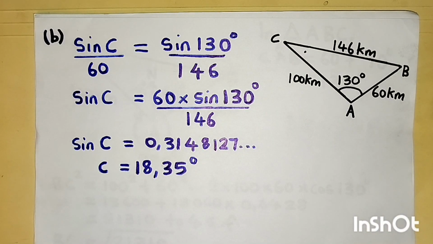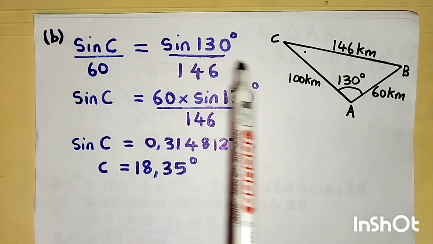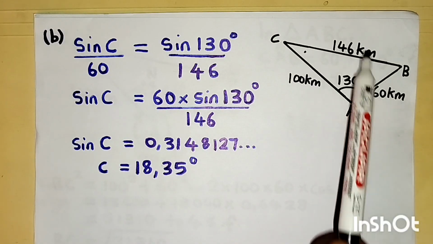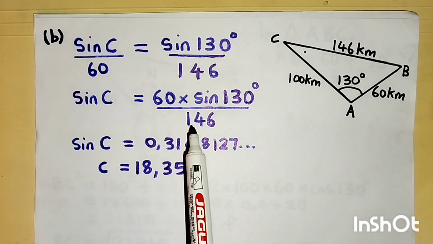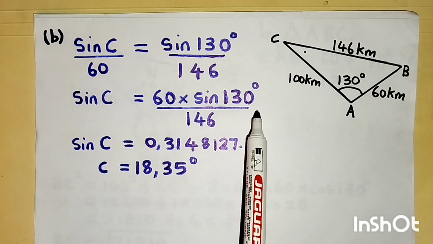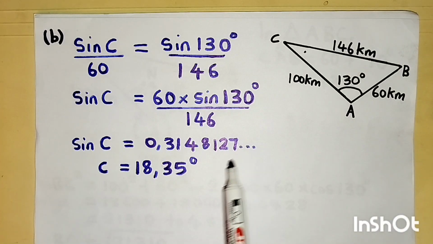So I'm going to use the sine rule, which says the sine of this angle C over the opposite side 60 equals the sine of this angle 130 over the opposite side 146. So sine C equals 60 multiplied by sine 130 over 146. That's after cross multiplying and simplifying. So sine C equals 0.3148127.